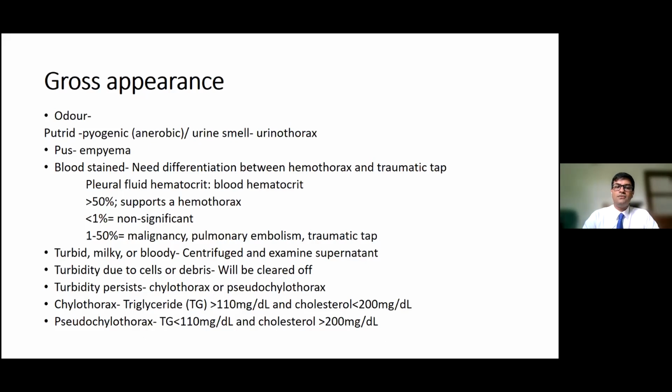Differentiation of chylothorax from pseudochylothorax is based on pleural fluid triglyceride and cholesterol concentrations. If the pleural fluid triglyceride is more than 110 milligrams per deciliter, it is more supportive of chylothorax, while if the pleural fluid cholesterol level is more than 200 milligrams per deciliter, it supports a diagnosis of pseudochylothorax.